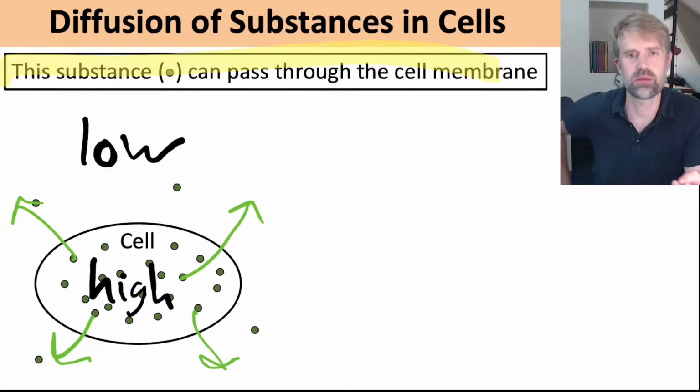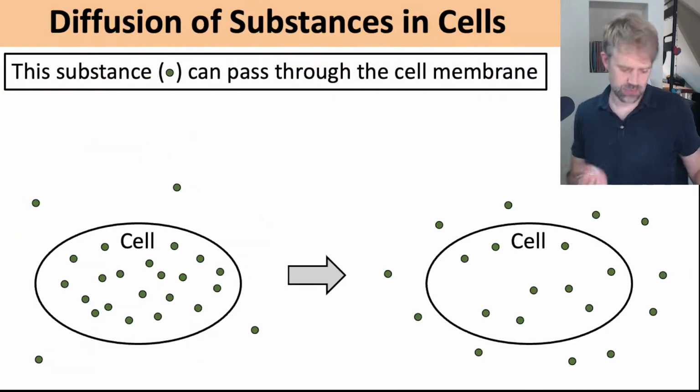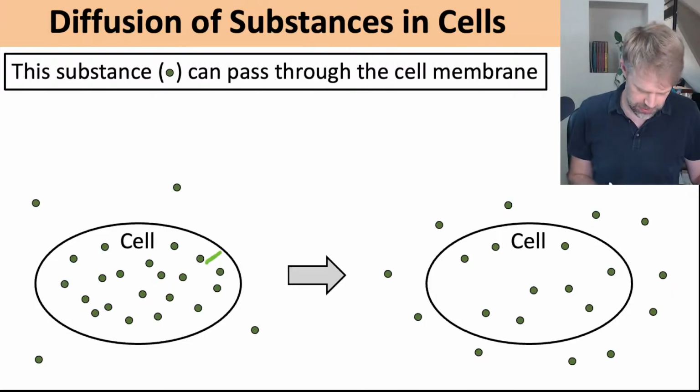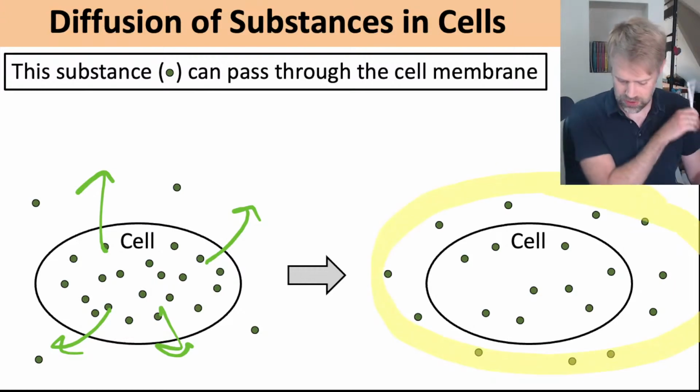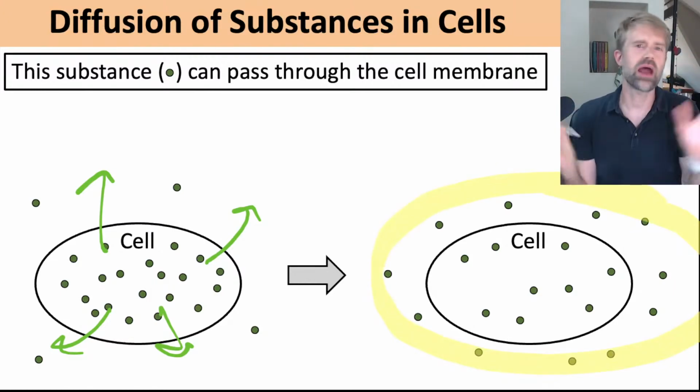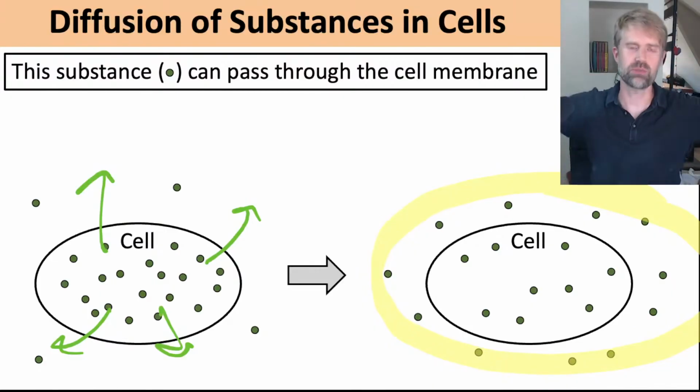They're going to try to even out, from high concentration to low concentration, until everything is spread out, as we see on the right. They diffuse from high concentration to low concentration.